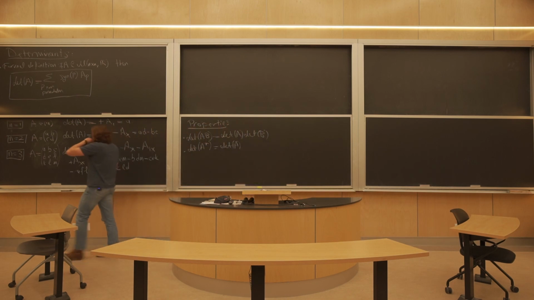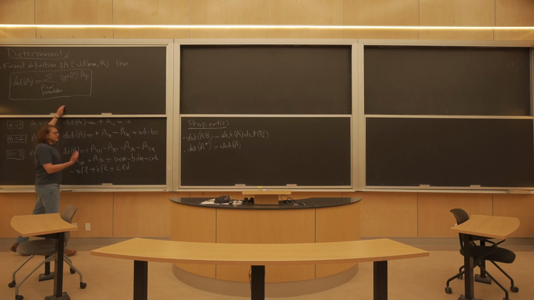Above, just for the sake of completeness, I wrote the formal definition, so to speak. It turns out that this is useful for thinking about the properties of the determinant. So here are the three cases. In the n equals 1 case, I have a 1 by 1 matrix, that is to say, it's just a number, and its determinant is just this thing.